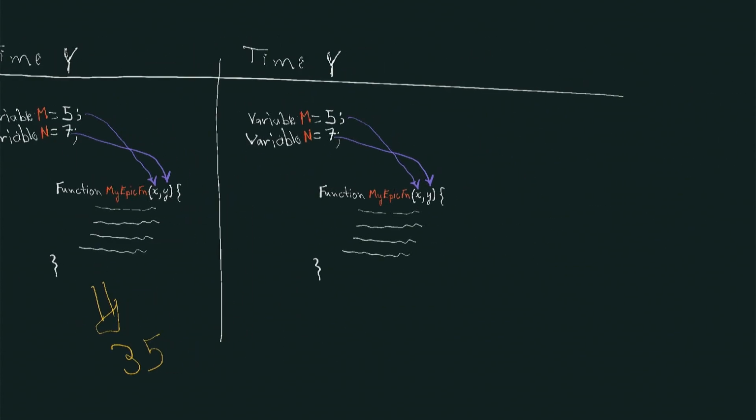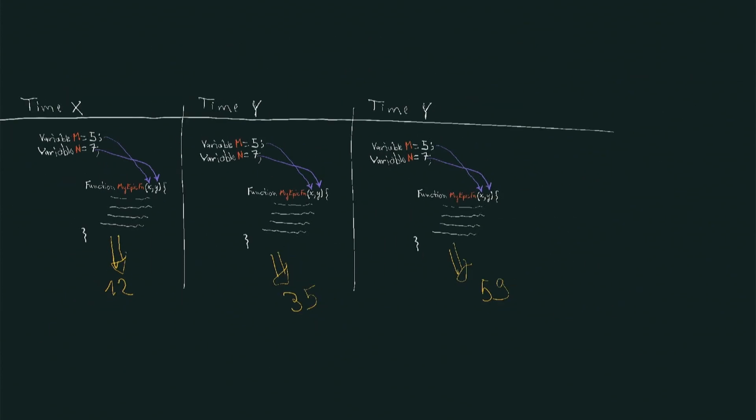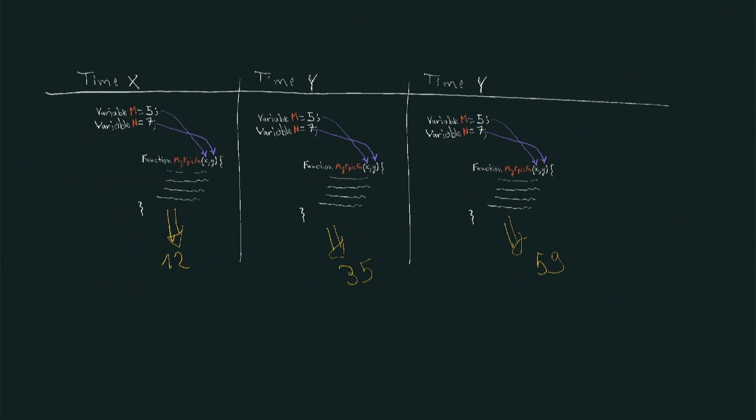And after some more calculations, we get, let's say, 59. You can see that every time we do a calculation with this function, we get different results. So you can say this function is not pure because it is changing the output every time we do some calculations. This is also an example of an impure function.